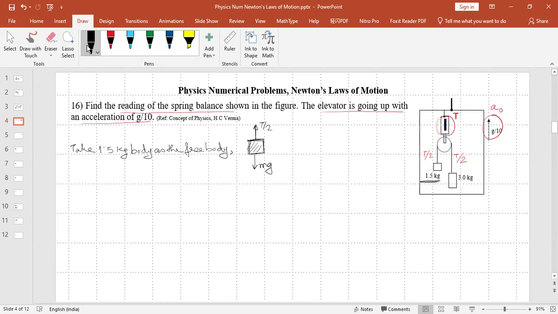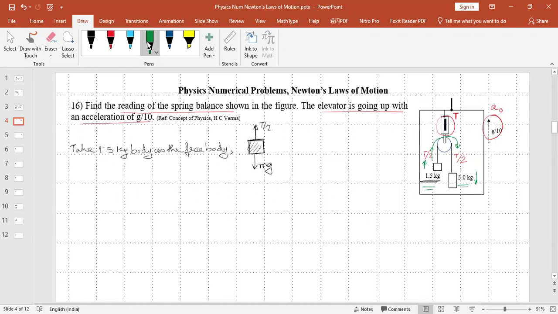We must also observe one thing: consider the lift is fixed. It is not going up or going down. Even in that case, this is 1.5 kg and this is 3 kg, so these bodies will start moving in this direction. That means the 1.5 kg body will go upward and the 3 kg body will go down.